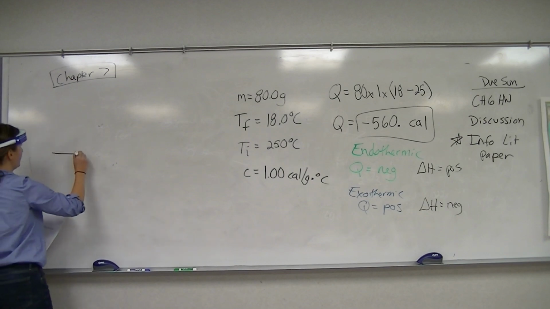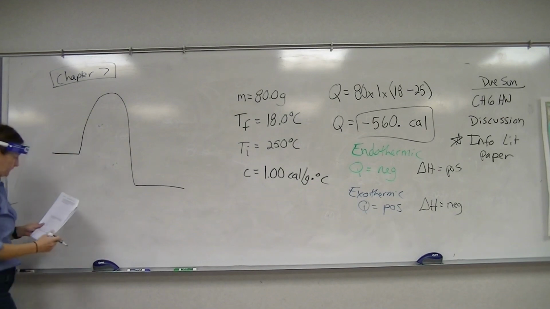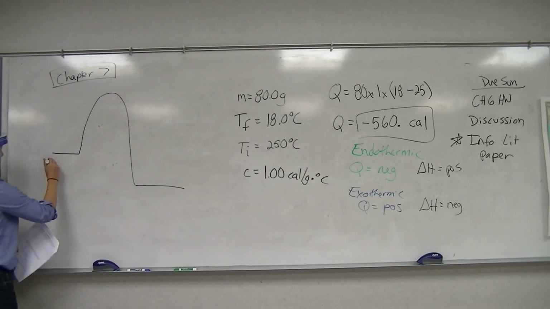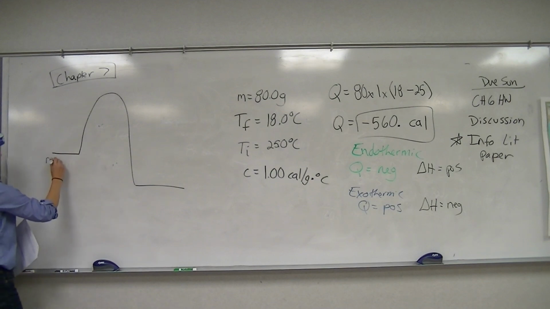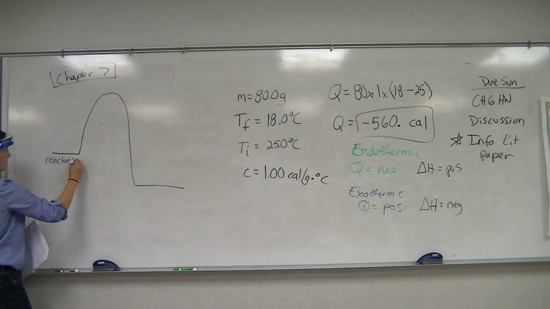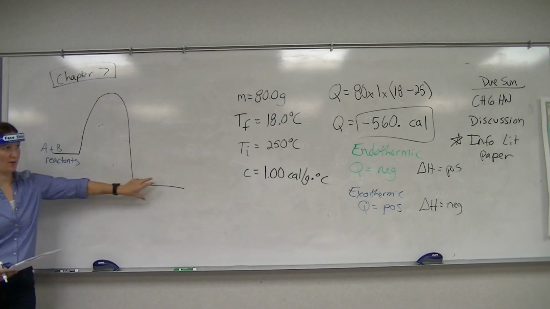So over here, on this platform, this is our reactants. Okay, whether it be A plus B, or AB plus CD, or whatever. So this is where the reactants are. The products are on this line over here.